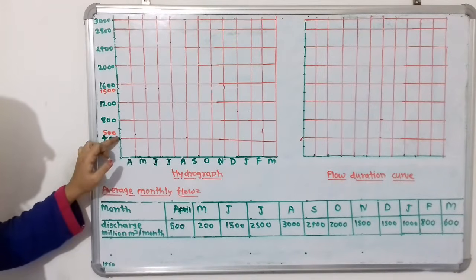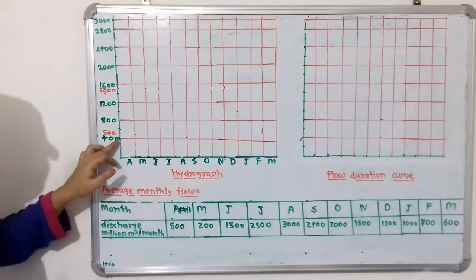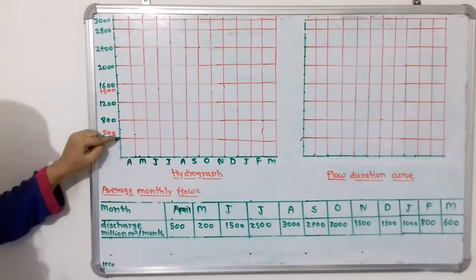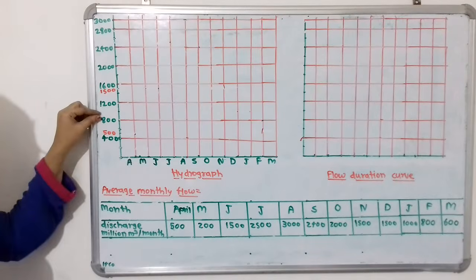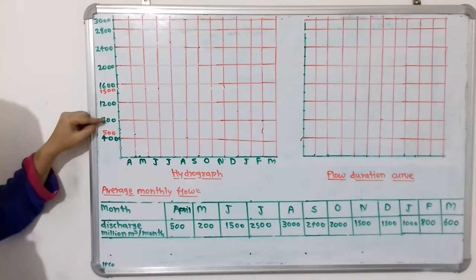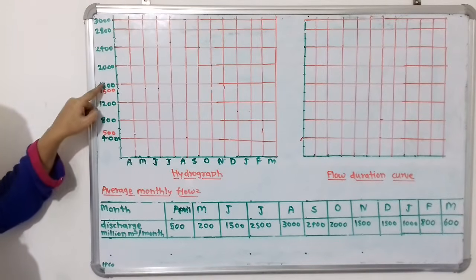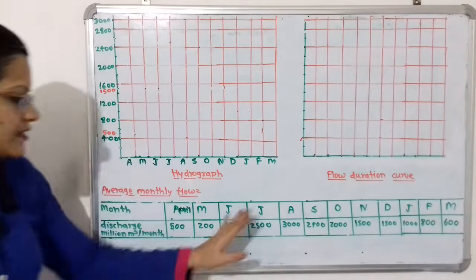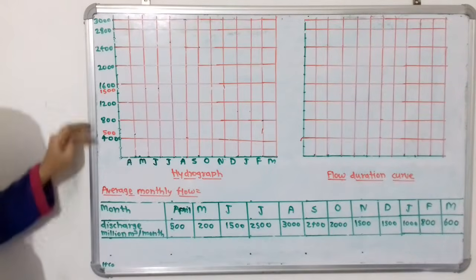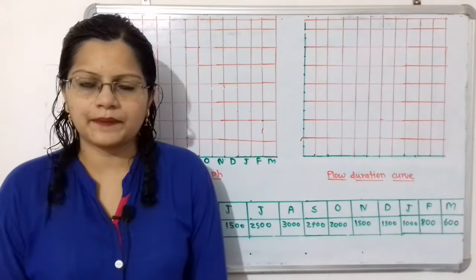Then again we will take 2 centimeter distance, then 200 plus 200, that is 400 and so on. So here total distance is 4 centimeters, so we will plot here directly as 800. Then again we will take 4 centimeter distance and we will plot here 1200, 1600 and so on. So minimum discharge and maximum discharge should be covered. As per that we have to take some suitable scale.